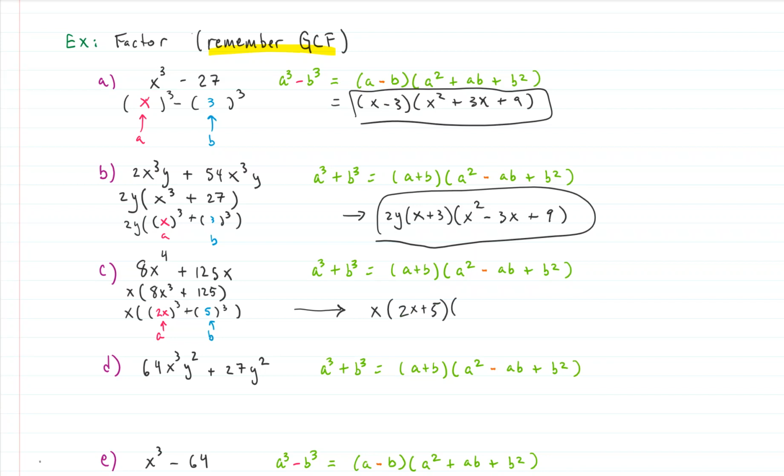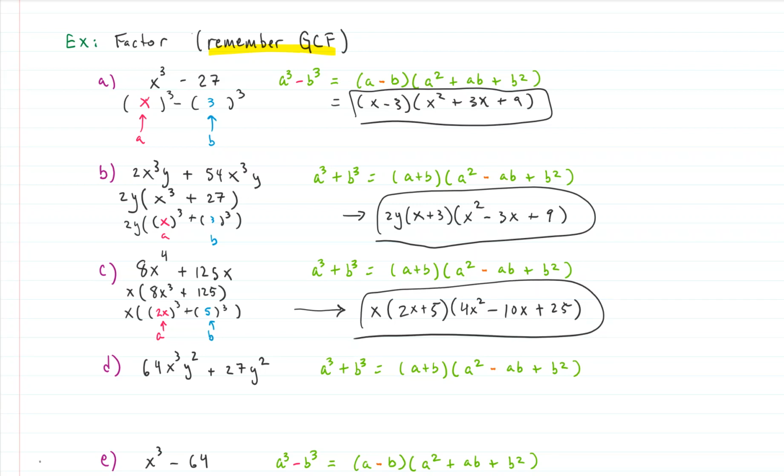A squared is 2x quantity squared, so that's 4x squared. We have minus, and then A times B is 2x times 5, which is 10x, plus B squared, which is 5 squared, which is 25. And we're done. So we just factored the sum of cubes.